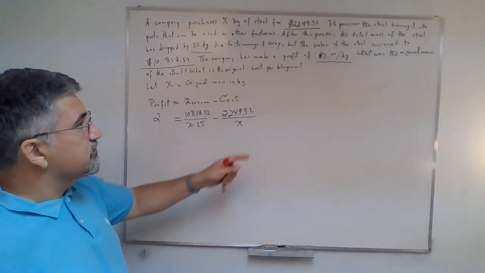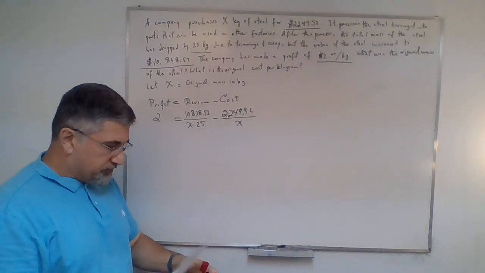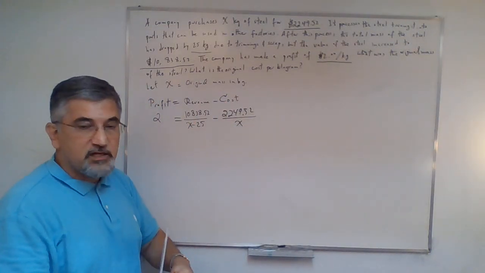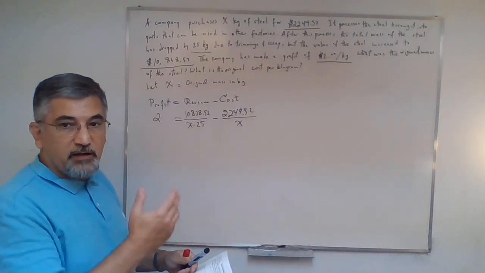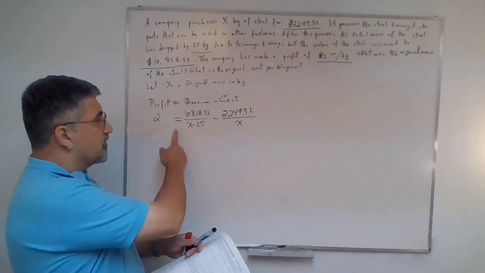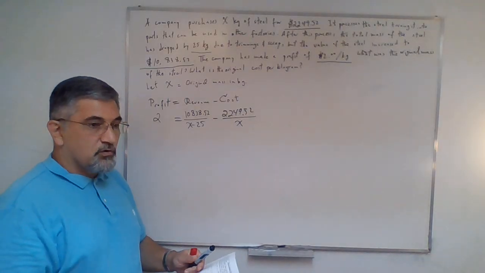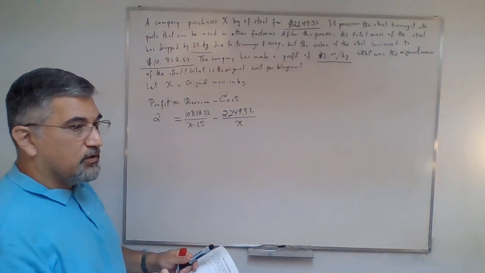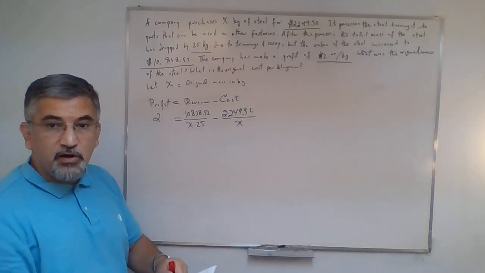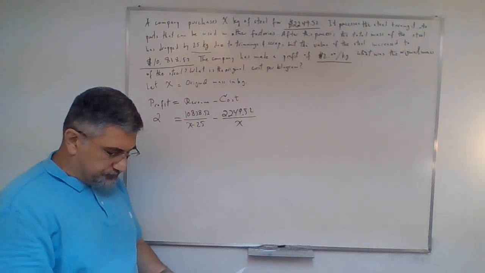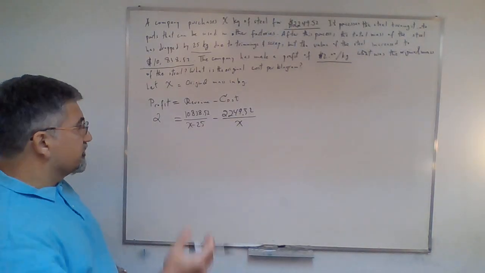And here we want to find the original mass of the steel, which is actually X. So once again, you see that in the world of economics or business, in this particular application word problem, we end up with a rational equation that we need to solve. So we have shown you how we solve rational equations in the past, and now we see that we apply our knowledge to actually solve the problem.